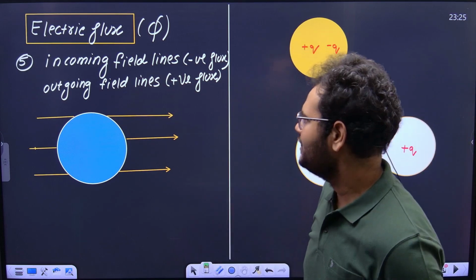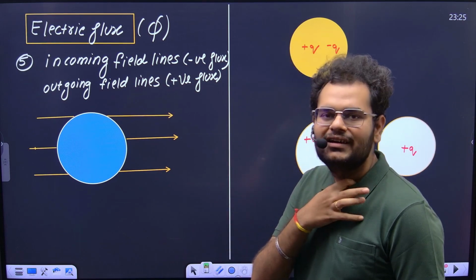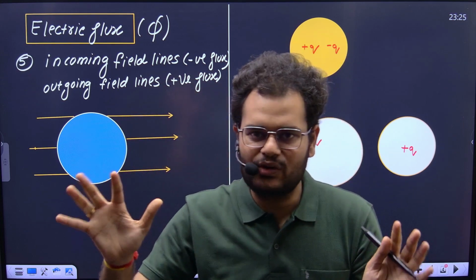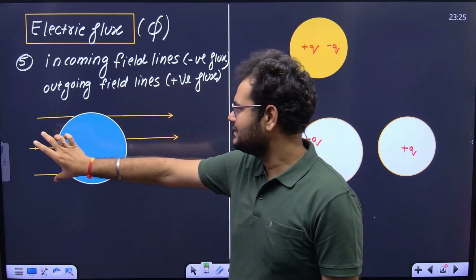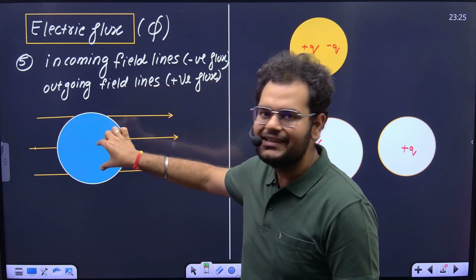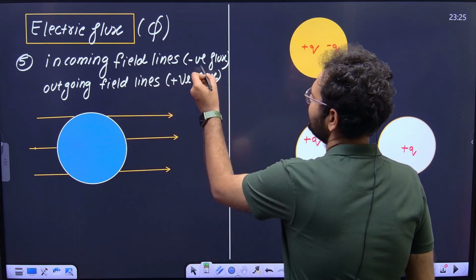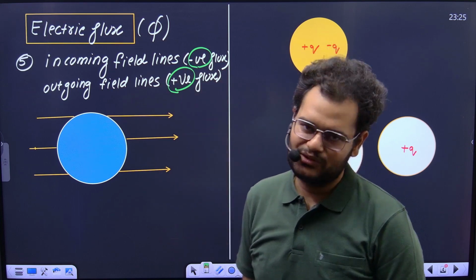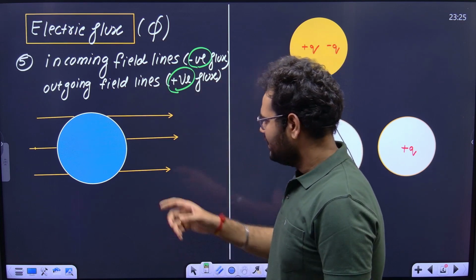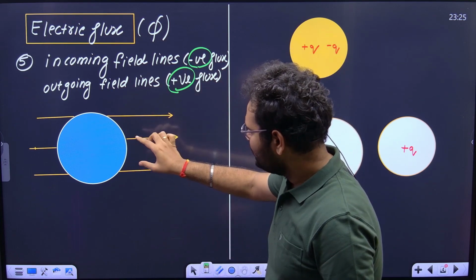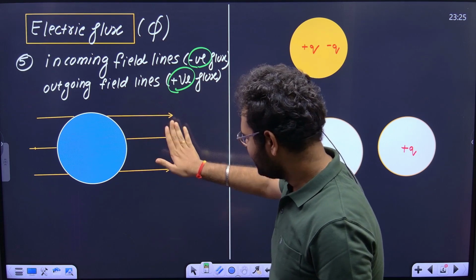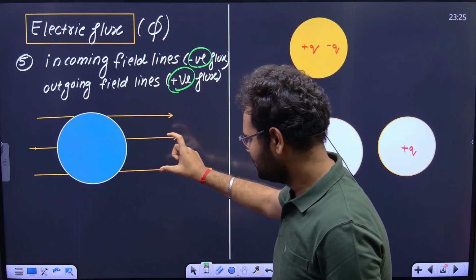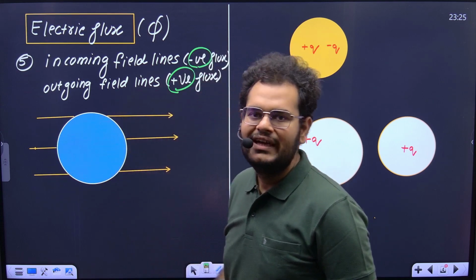What is the next property? Whenever you write incoming flux, actually flux has no direction because it is a scalar quantity. But whenever lines are going inside the surface, we take flux as negative, and when they are coming outside, we take flux as positive. So in this diagram, where the electric field lines are coming outside, it is positive, and this is negative.